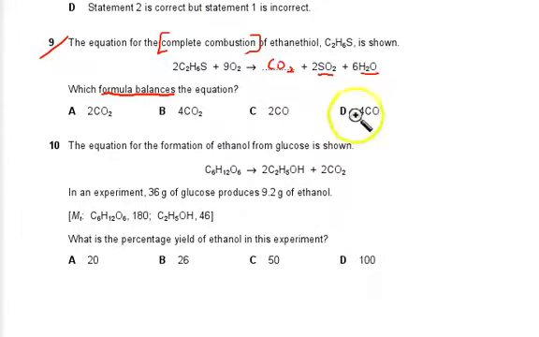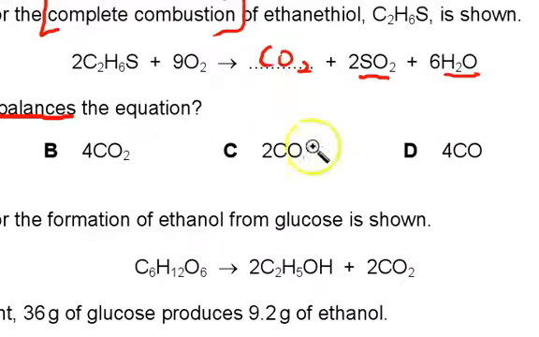So this is related to balancing. Now we have to do the balancing. So C, as you have 2, and this one is settled. Hydrogen, you have 12, and it's 12 over here. And the total number of oxygens, like carbon, we have 2 and 2 here, so here should be 4.